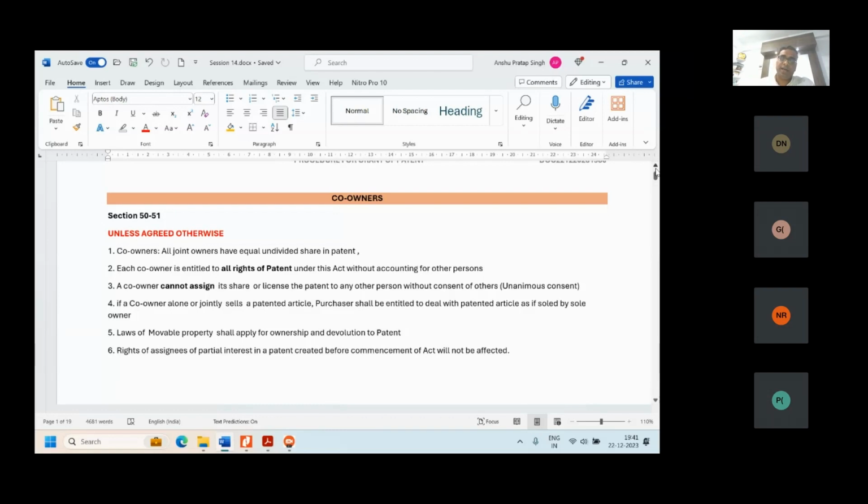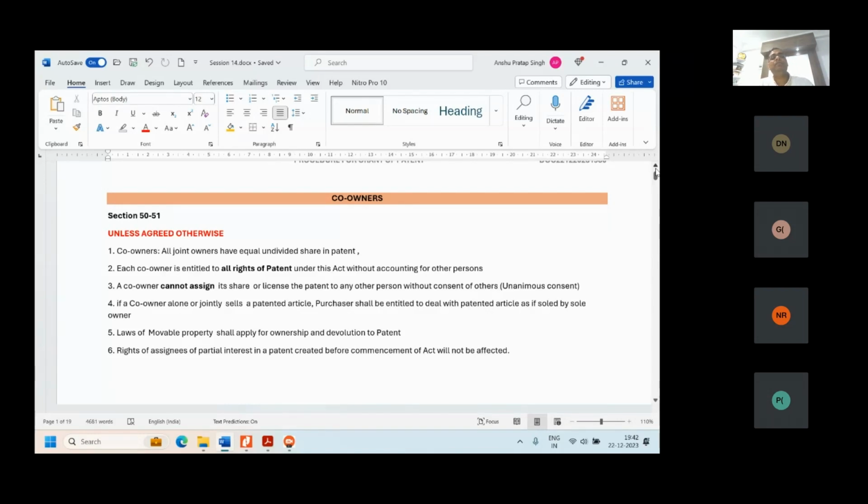Divided share means that I can differentiate, I can create a boundary and then go for it. That's why you would have heard that partition has happened. In partition, you decide that one brother is taking north, another brother is taking south, third brother is going for the east direction, and fourth brother is going for the west direction.